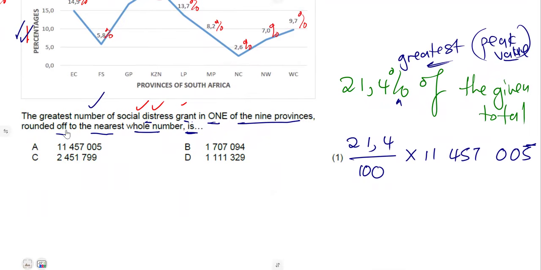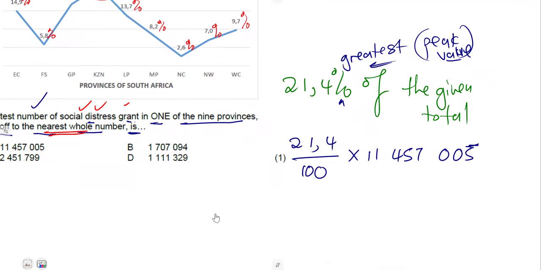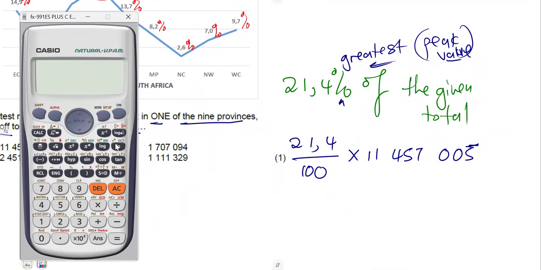So let's multiply on our calculator: 21.4 over 100 times the total.